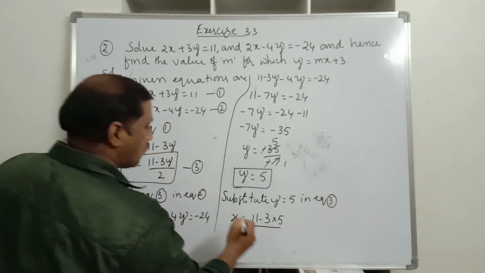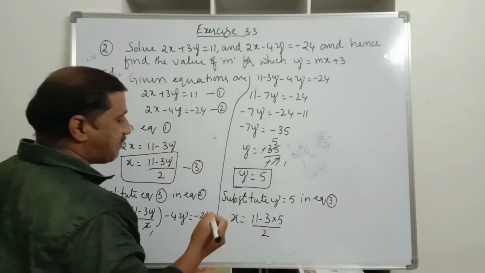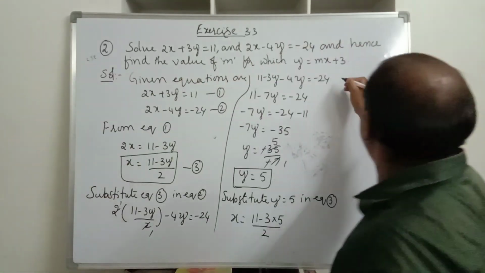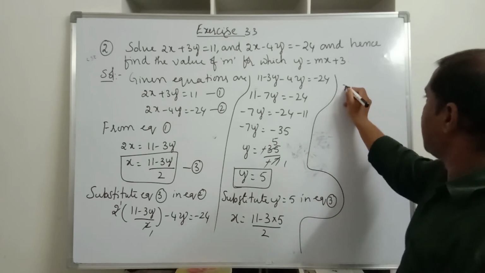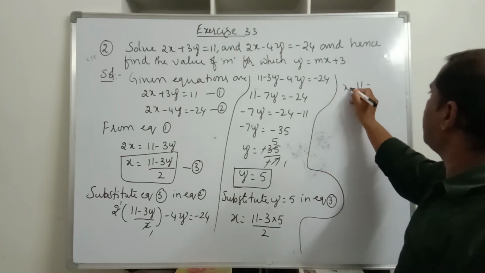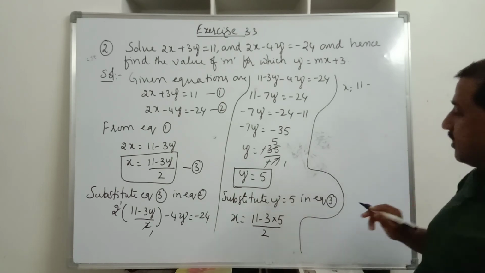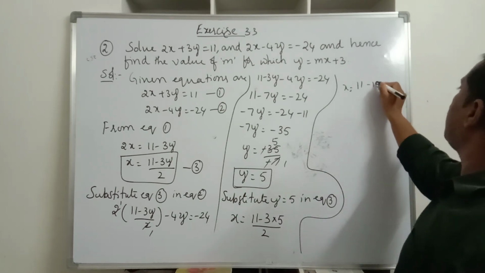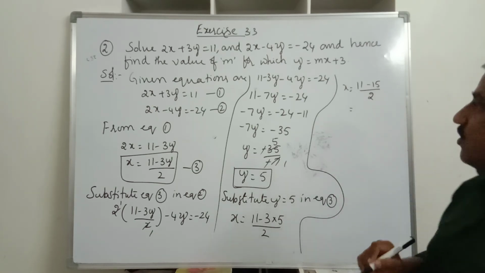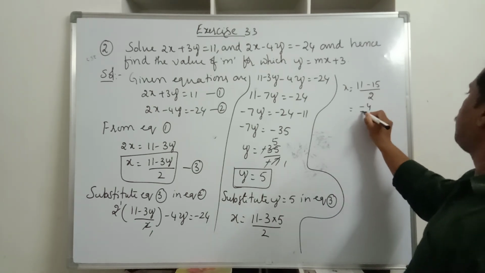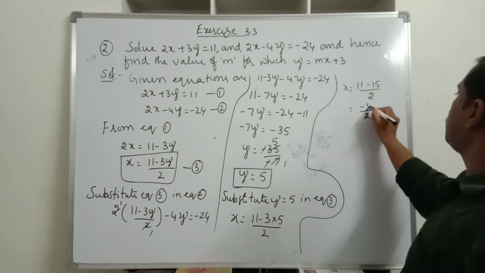By simplifying, x is equal to 11 minus 3 into 5, 3 fives are 15, so 11 minus 15 by 2, that is minus 4 by 2. 2 ones are 2, 2 twos are 4.